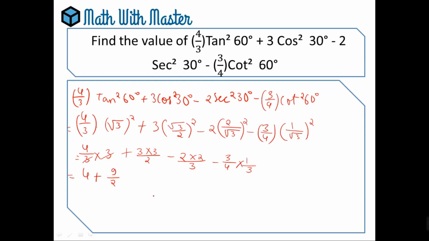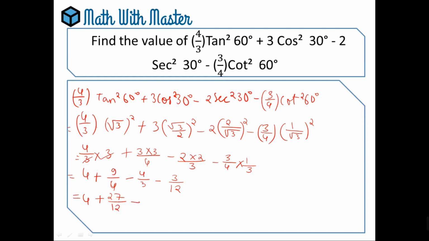Sorry, just a second. This should also be squared, so this will be 4 minus 8 by 3 minus 3 by 12.